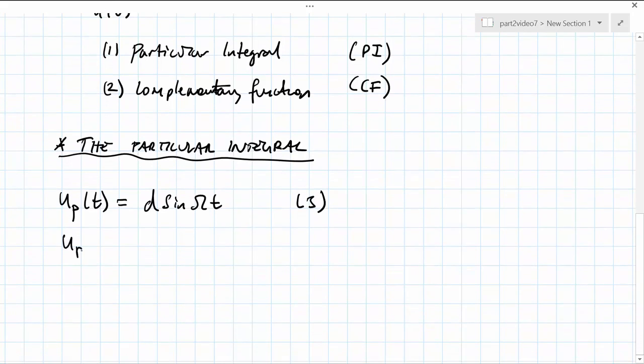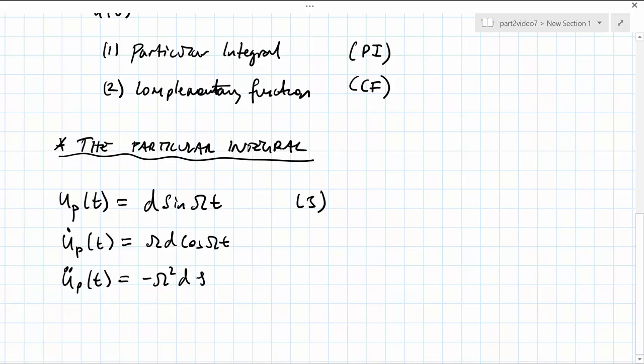This then has the following derivatives. The first derivative with respect to time is capital omega D cosine capital omega t, and the acceleration is then minus capital omega squared D sine capital omega t.